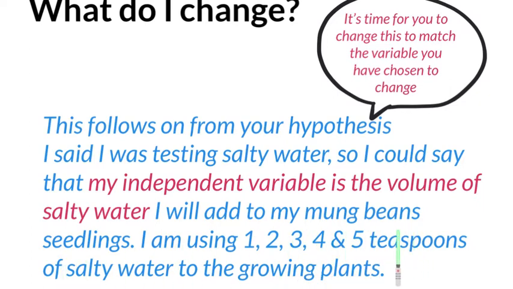So I'm planning on using 1, 2, 3, 4 or 5 teaspoons of salty water on my growing plants and see what effect it has. So I'm even saying what I'm going to do. I'm giving some details, and that's really, really good, and that's what I should be doing.